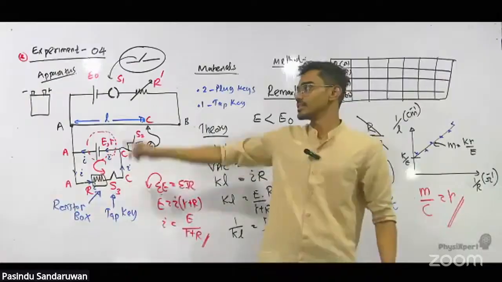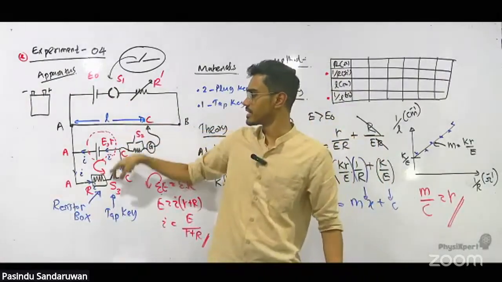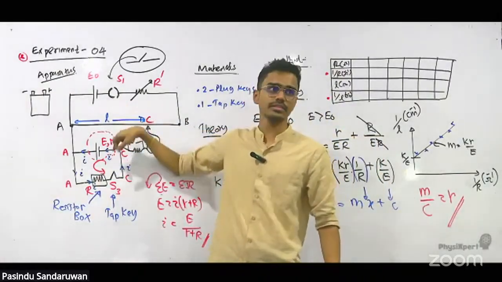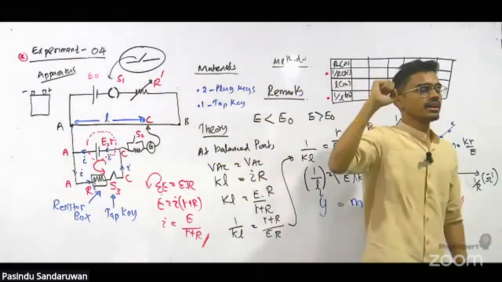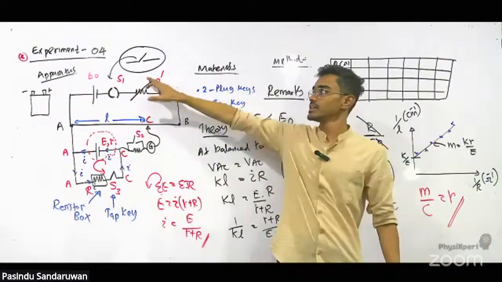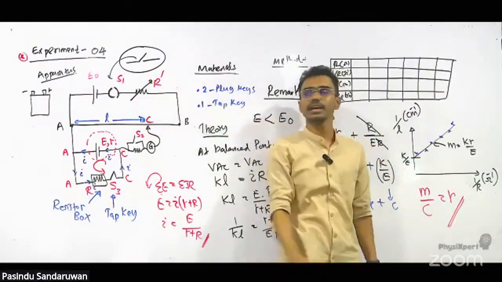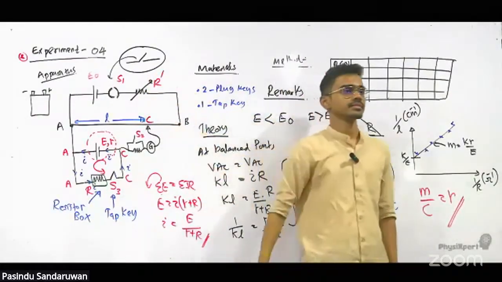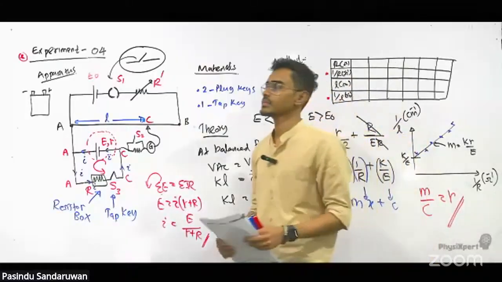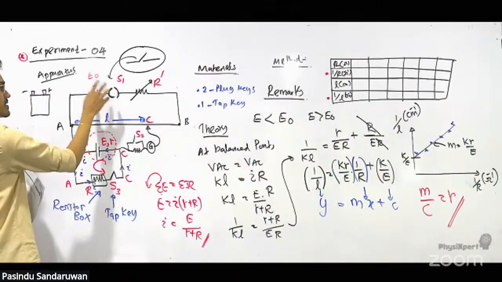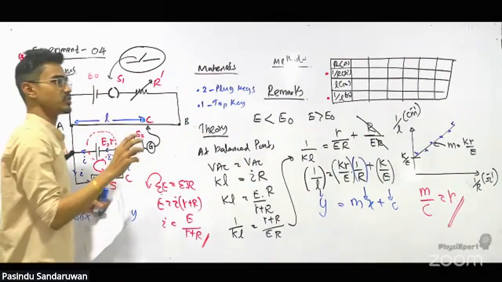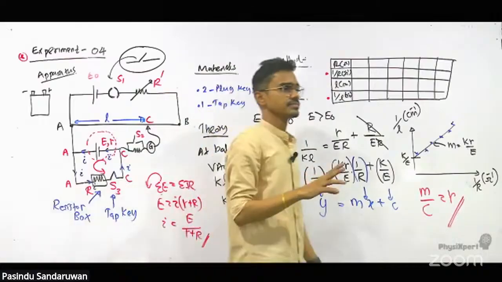This is used for the identification purpose of plug keys and tap keys. If not, as an overall, any key is drawn like this. That may seem like a symbol, but this is not a symbol of a switch. This is just a symbol used to identify a plug key.